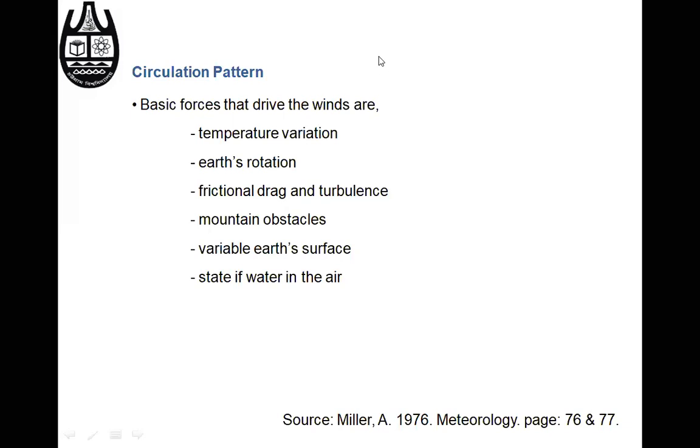Fourth cause is mountain obstacles. Think about when the wind moves, if there is a high mountain, then two things can happen. One is, if the mountain is not big enough, then wind can crawl over the top of the mountain and go to the other side. But if the mountain is high enough, that means it has very cold temperature at the top.